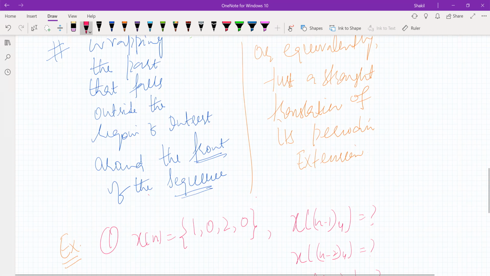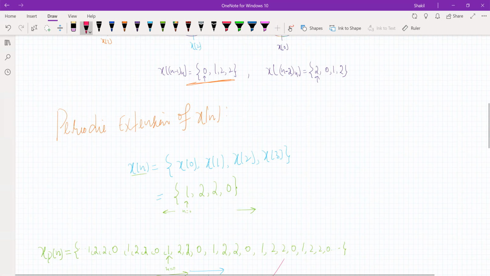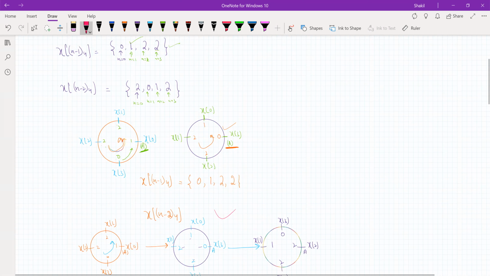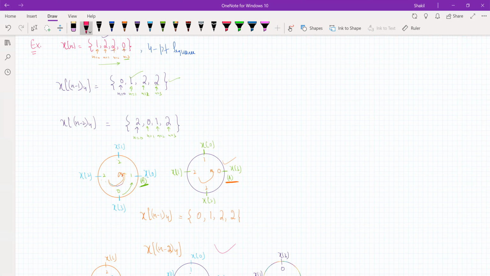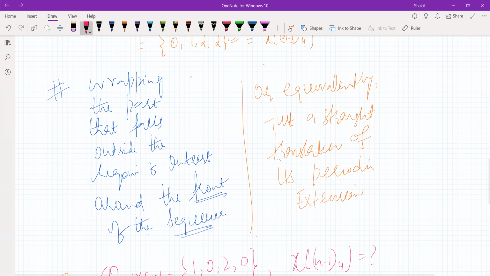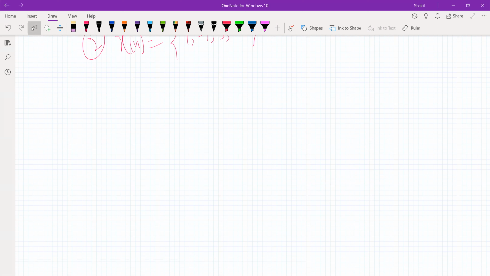Learn it using this periodic extension, as well as on the circle, or do it in your mind intuitively. How do we read this notation? Now I said x of n minus m of an n-point sequence.